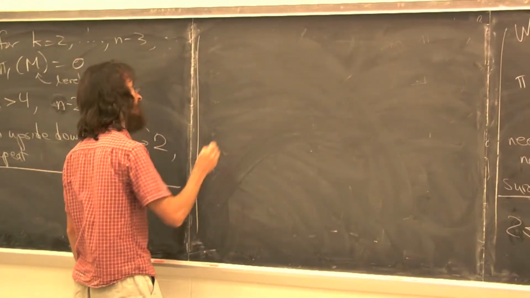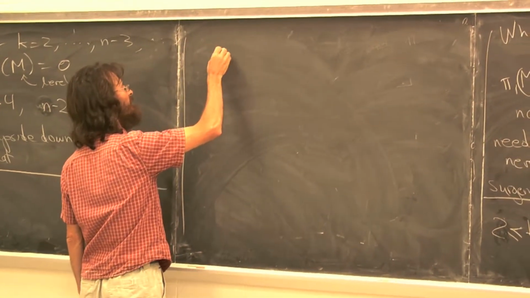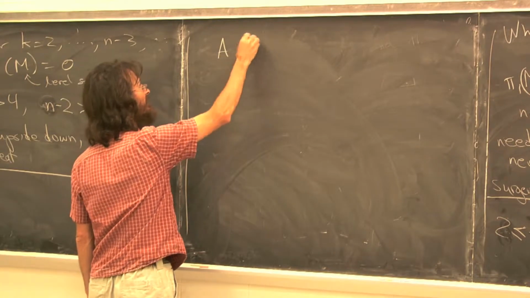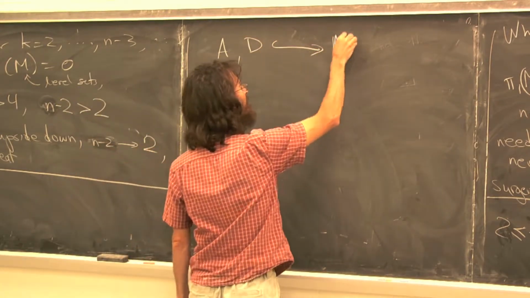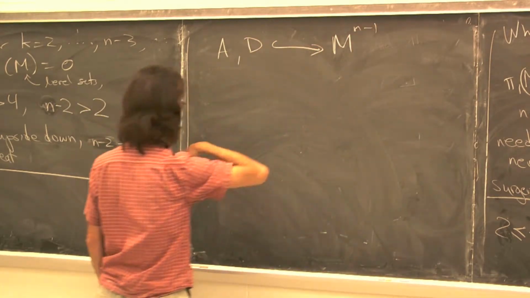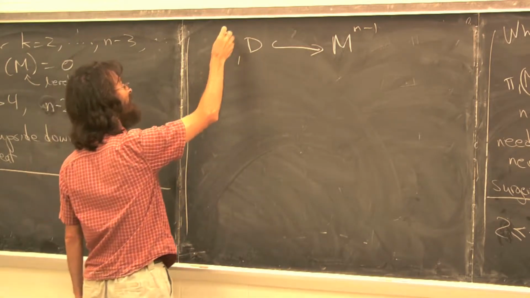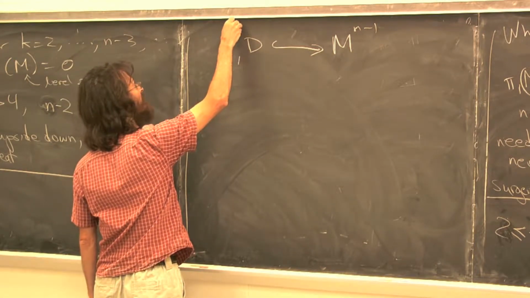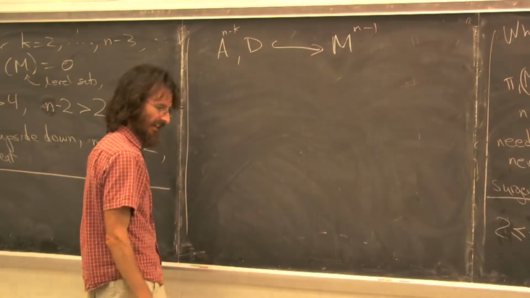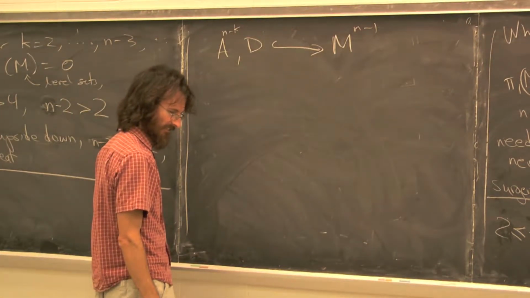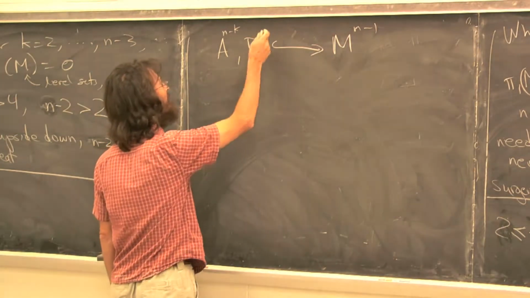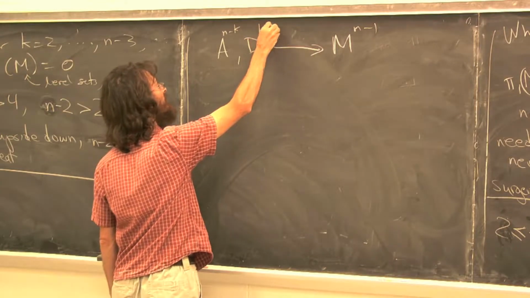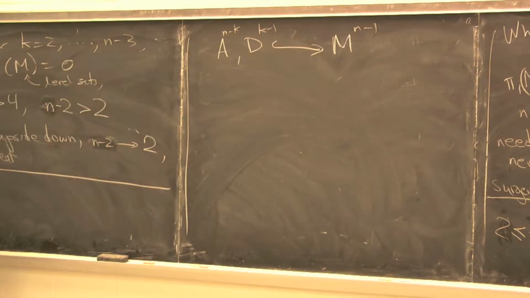So what do we want? I've got A and D embedded in M. The ascending manifold is n minus k dimensional, and the descending manifold is k minus 1 inside there. Those are both spheres.